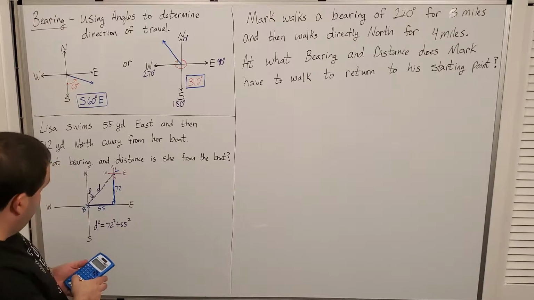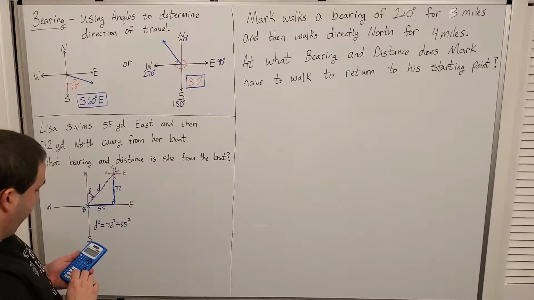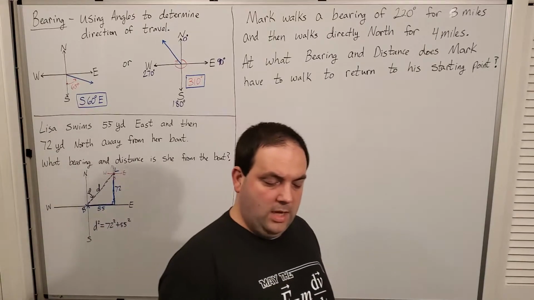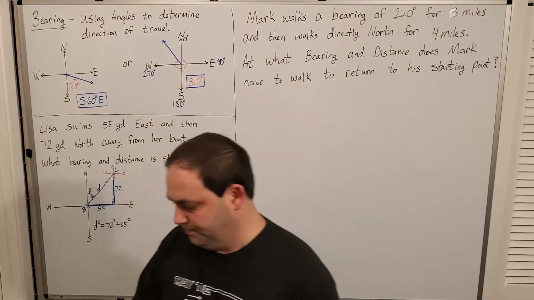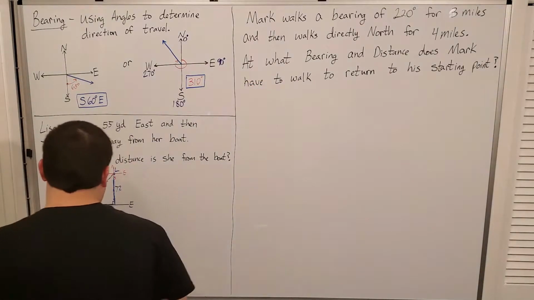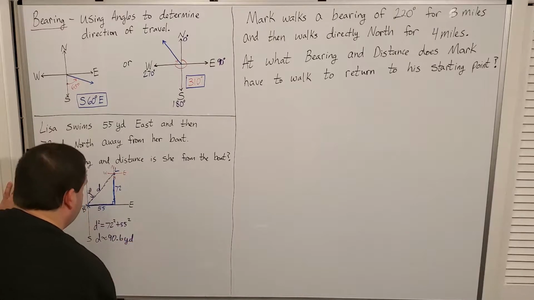So I'll just be doing the square root of 72 squared plus 55 squared. And I will get 90.6 for the calculation. So D is approximately 90.6 yards.